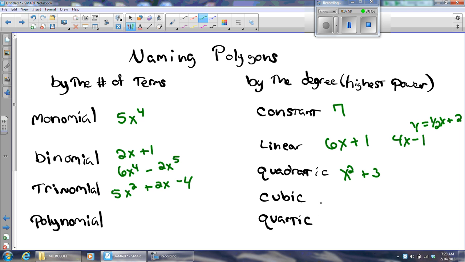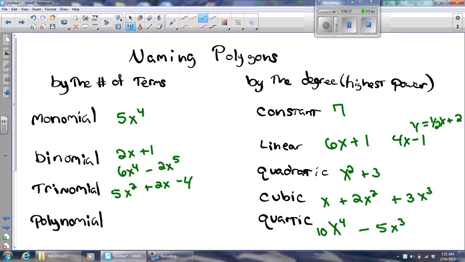Cubic, the highest power is 3, so if I had x plus 2x squared plus 3x cubed, see the highest power is 3, that is cubic. And when the highest exponent is a 4, then we say it's quartic. It could just be like 10x to the fourth, a quartic monomial, or it could be a binomial, or a trinomial, or a polynomial for that.